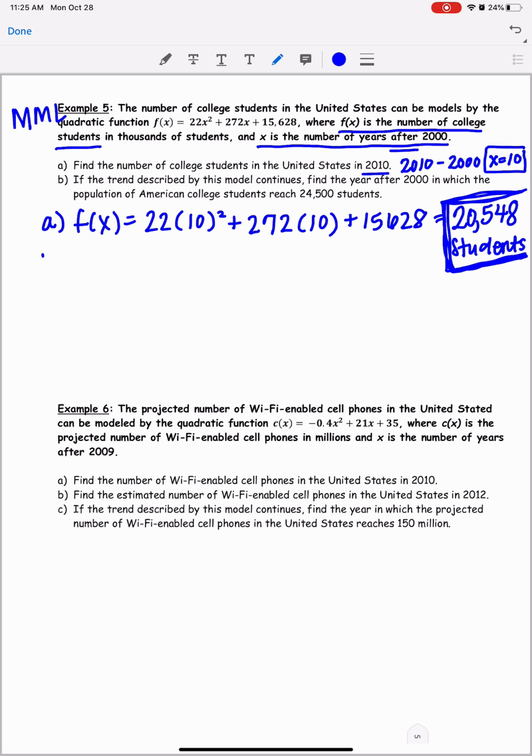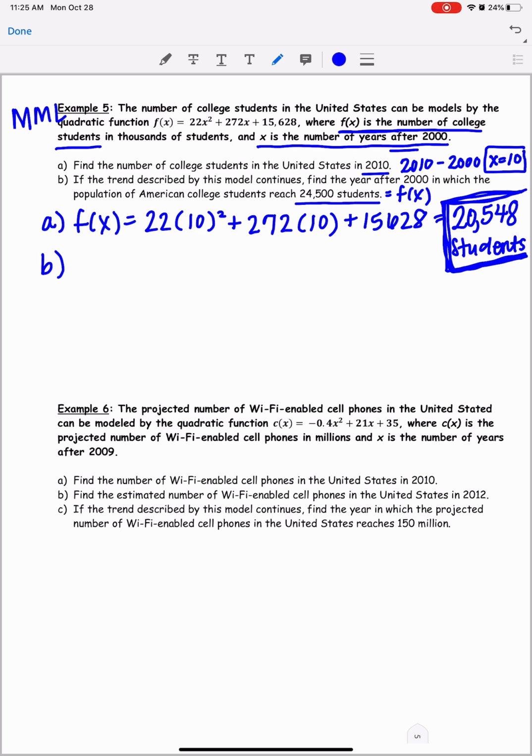Okay, so then part B. Part B says, if the trend described by the model continues, find the year after 2000, so we're solving for x, in which the population of the American college students reaches 24,500 students. So this means that this is my f of x.